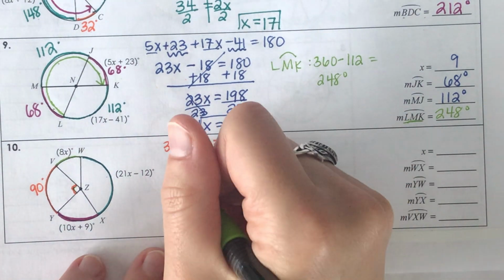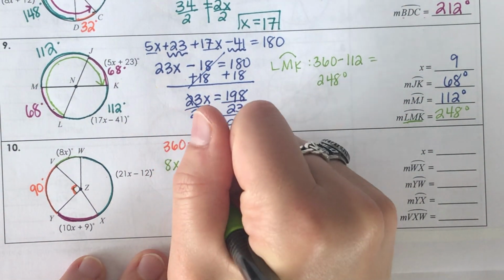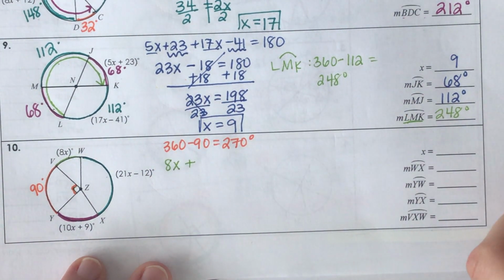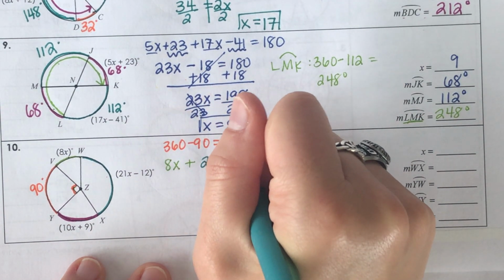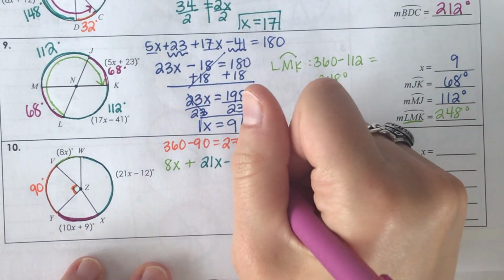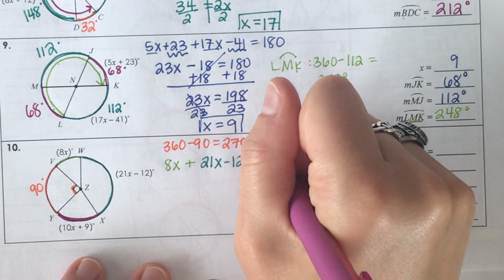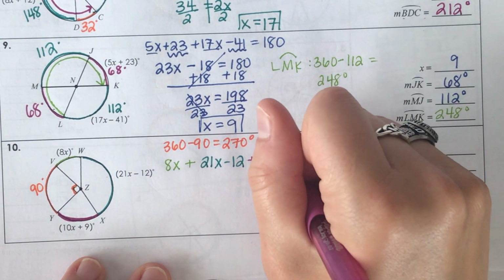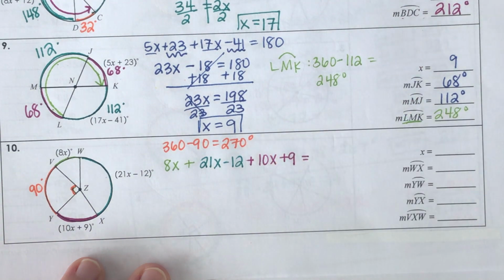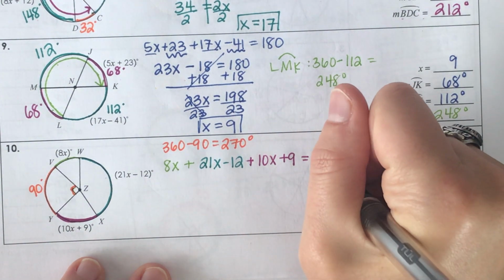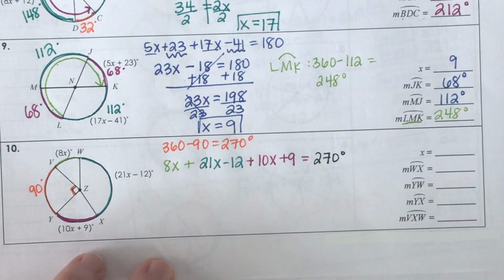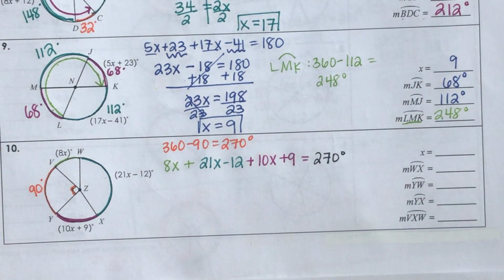So that's my equation. The green plus the blue plus the pink equals 270 degrees. There's my equation.